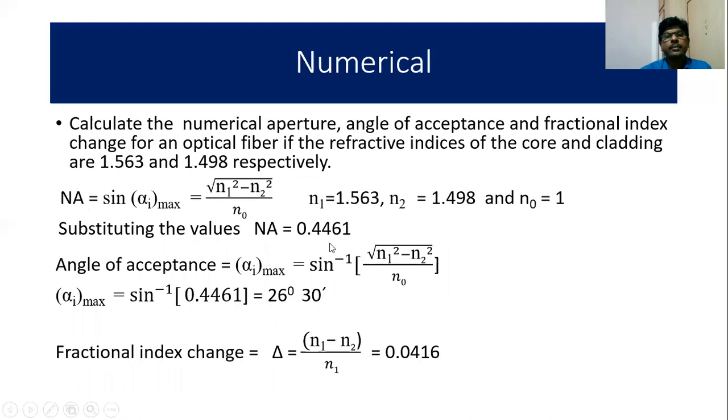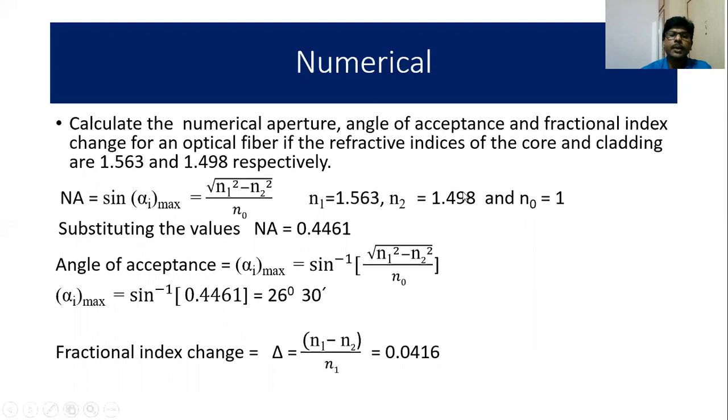We'll see a numerical. Calculate the numerical aperture, angle of acceptance and fractional index change for an optical fiber if the refractive indices of the core and cladding are 1.563 and 1.498 respectively. Now the formula for numerical aperture is equal to sine alpha i maximum, that is equal to root of n1 square minus n2 square by n naught.